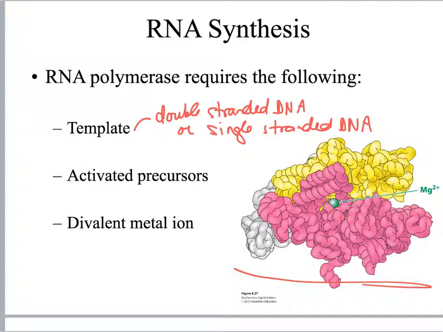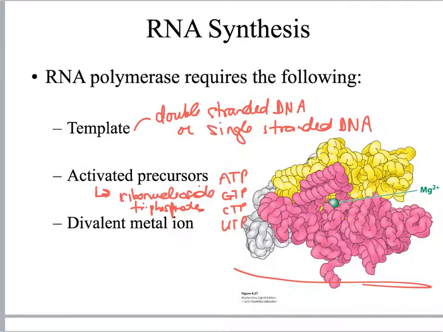We also need what are called activated precursors here. This is similar to what we see with DNA polymerase. The activated precursors are the ribonucleoside triphosphates. This is your ATP, your GTP, your CTP, and in the case of RNA, your UTP.